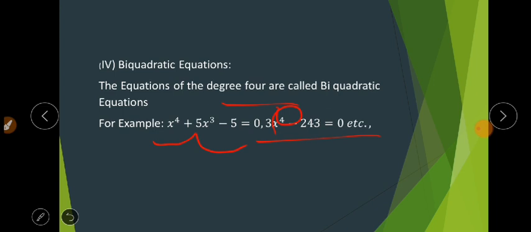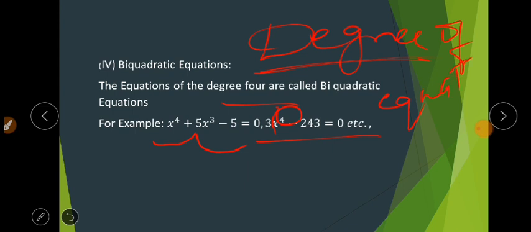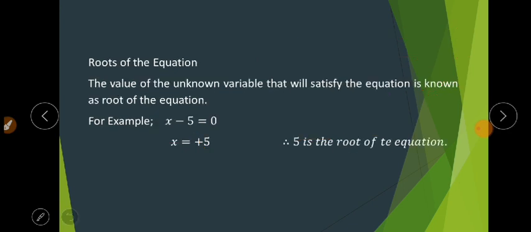So the types are based on the degree of the equation. Based on the degree of the equation, we are classifying the equations. Hope you have understood this.